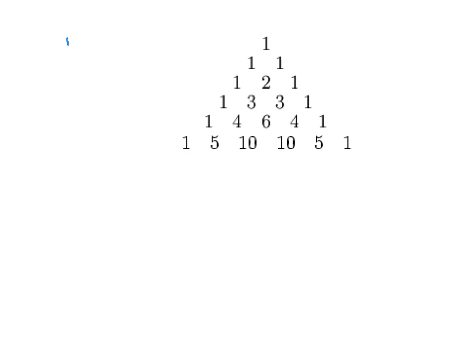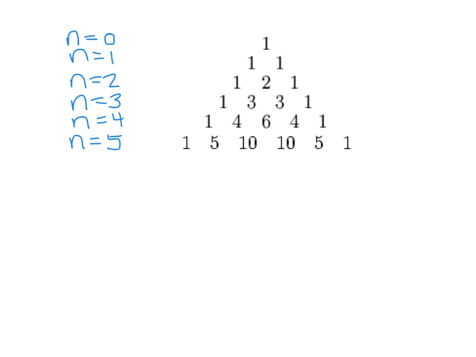I'm going to put this over here. I'm going to call the rows n equals. So that's going to be n equals 0, n equals 1, n equals 2, n equals 3. And hopefully you're anticipating n is going to end up being this exponent when we raise the sum to a power.